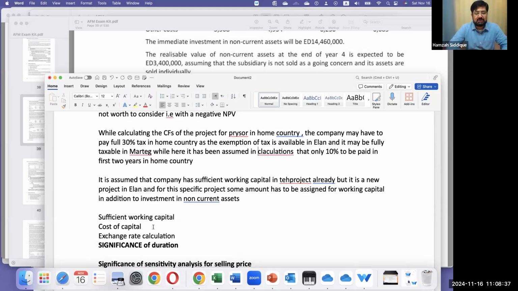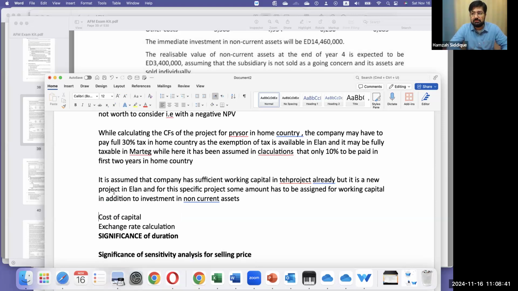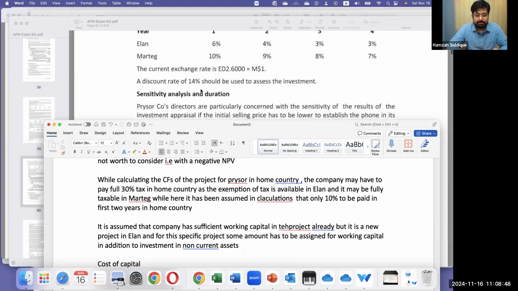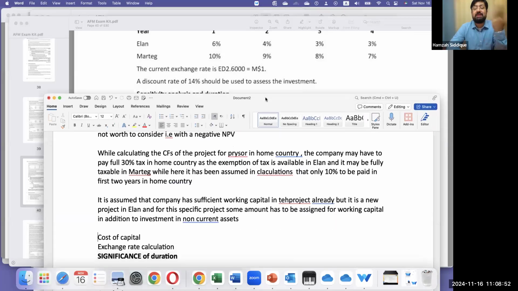The next is cost of capital. The cost of capital, they say, should be used to assess what is the basis.